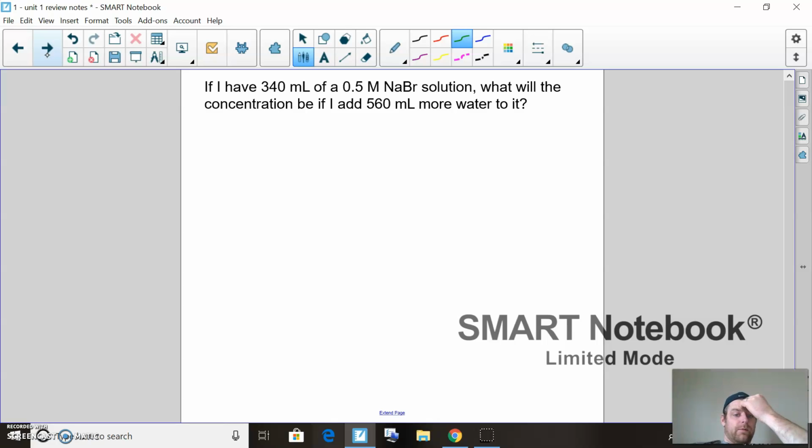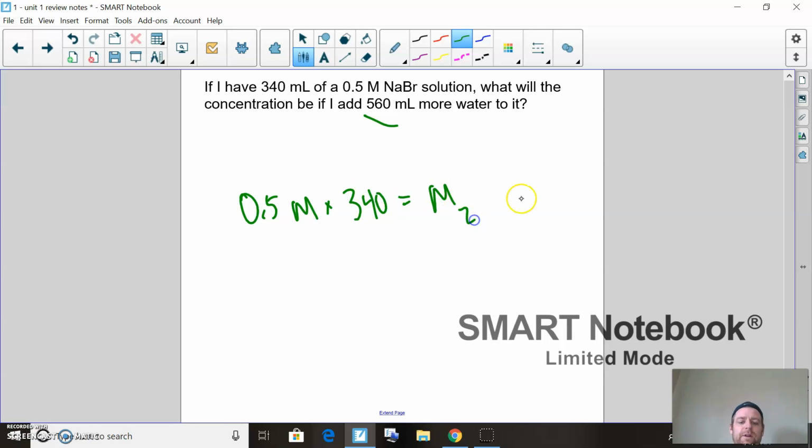Here's another example. There's just different ways to word these problems. If I have a 340 milliliter 0.5 molar sodium bromide solution, what will the concentration be if I add 560 more milliliters of water? So your M1 is 0.5 molar times 340. I want to figure out what the final concentration would be if I add 560.